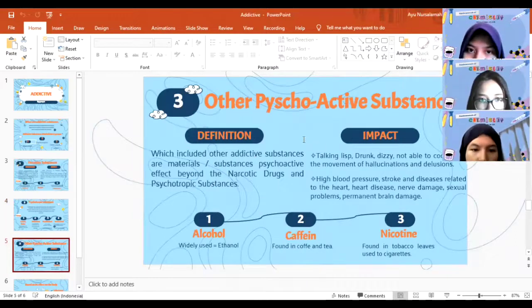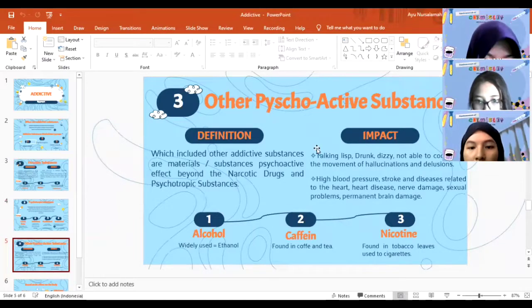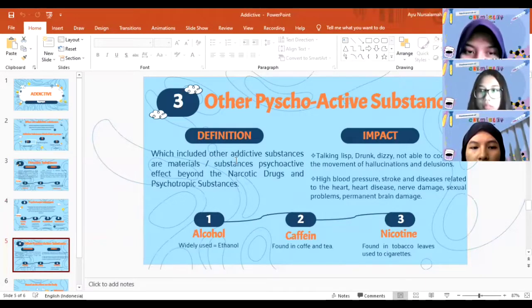And the third is other psychoactive substances. What are psychoactive substances? This includes other addictive substances, materials or substances with psychoactive effect beyond narcotic drugs and also psychotropic substances.